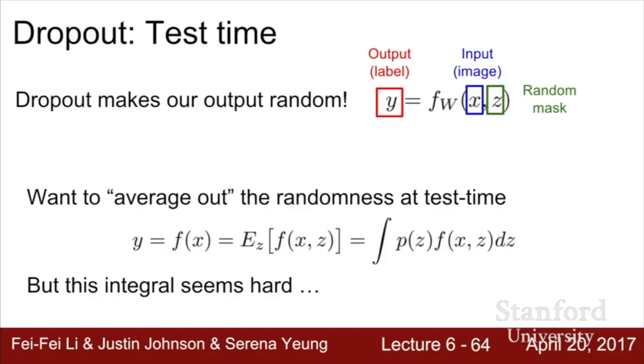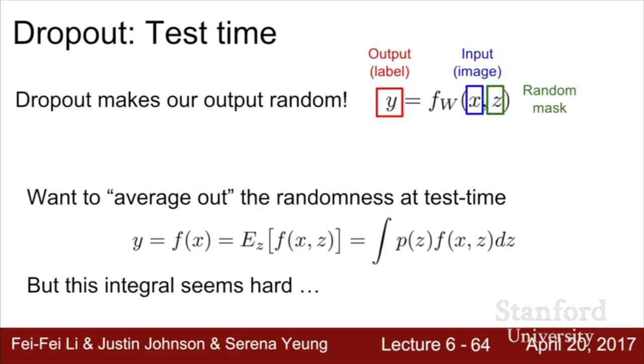And having randomness at test time is maybe bad. Imagine that you're working at Facebook and you want to classify the images that people are uploading, and then today your image gets classified as a cat and tomorrow it doesn't. That would be really weird and really bad. So you'd probably want to eliminate this stochasticity at test time once the network is already trained.